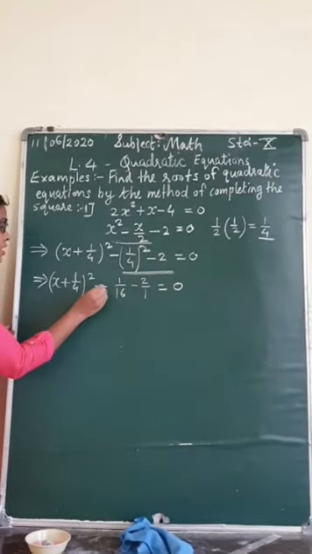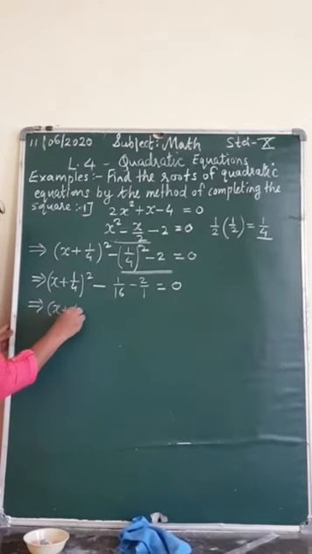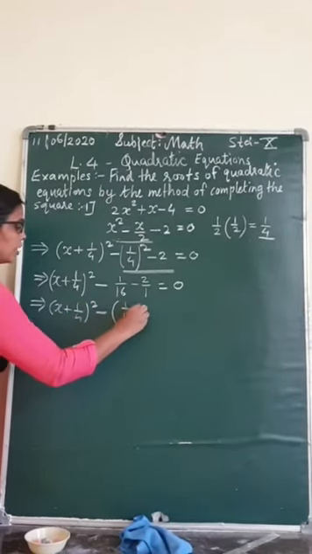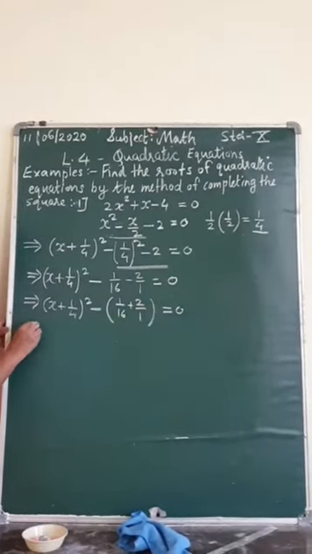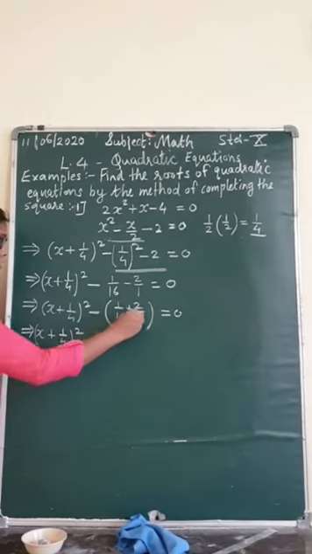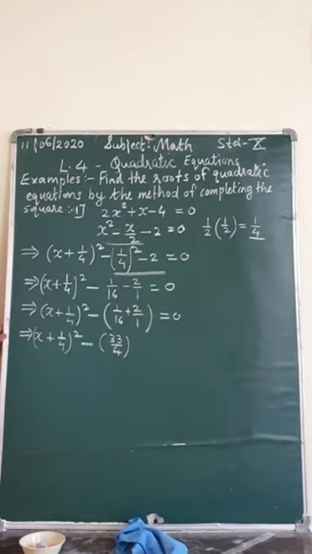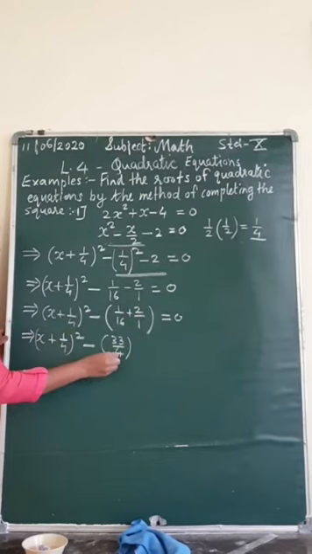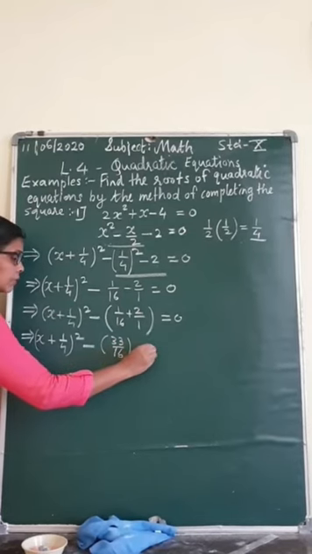Now if you remove the minus sign from both the terms, we get x plus 1 upon 4 whole bracket square minus in bracket 1 upon 16 plus 2 upon 1, and that we get as x plus 1 upon 4 whole bracket square minus 33 upon 16, sorry, not upon 4, it is 16, 16 twos are 32 plus 1, is equal to 0.